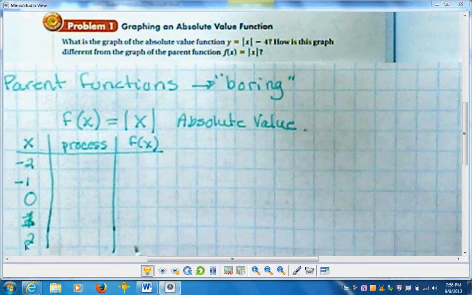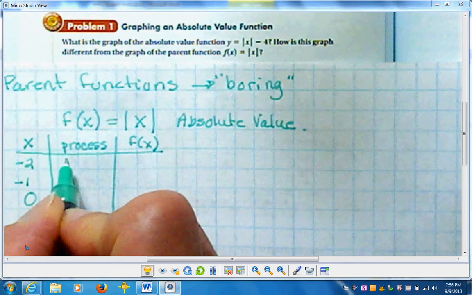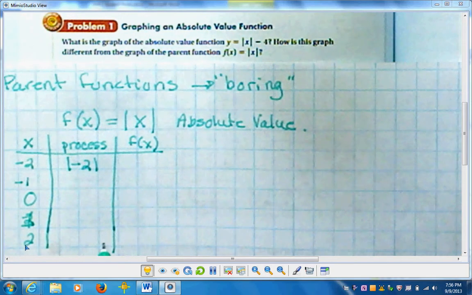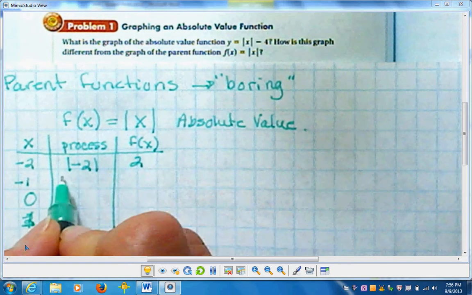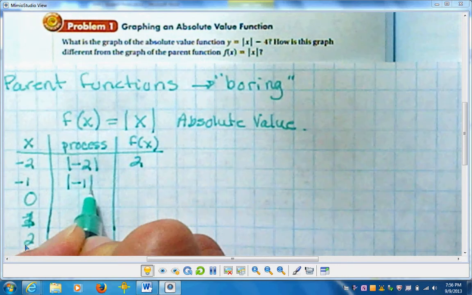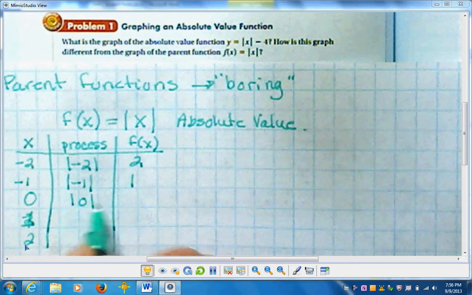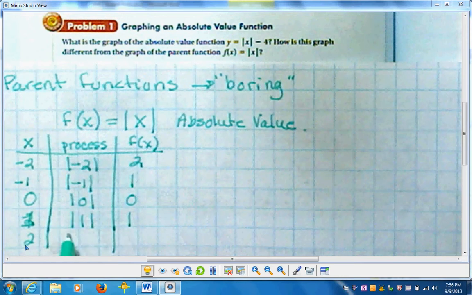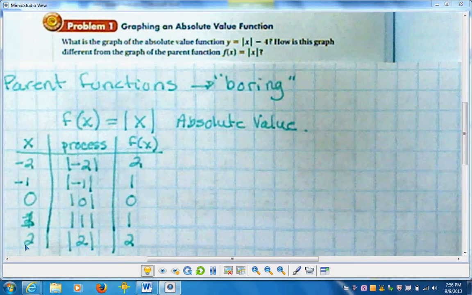Okay, so my process is to use the function. The absolute value of -2 gives me 2. The absolute value of -1 gives me 1. The absolute value of 0 gives me 0. The absolute value of 1 is 1. The absolute value of 2 is 2.